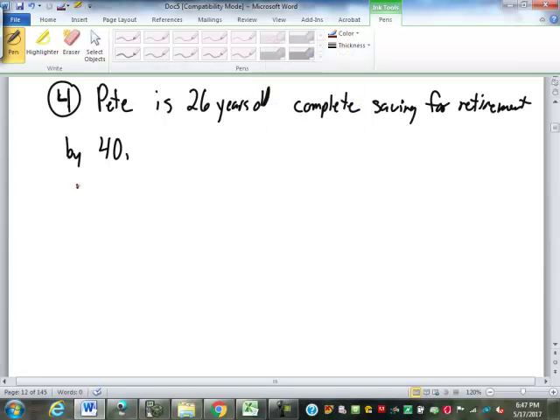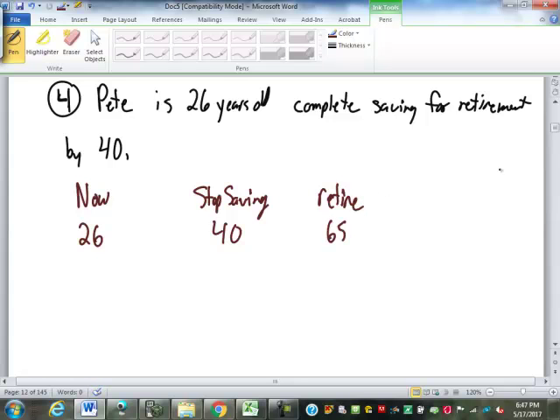So what we've got is now Pete's 26. Wants to stop saving at 40. Wants to retire at 65 and plans to live till 90.